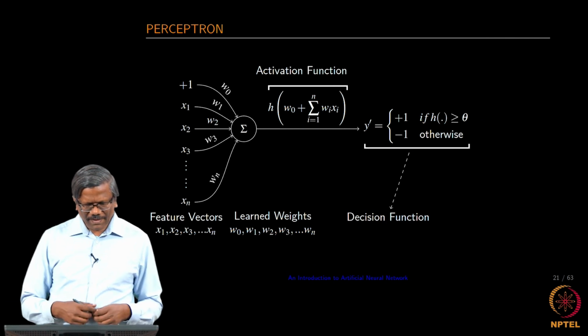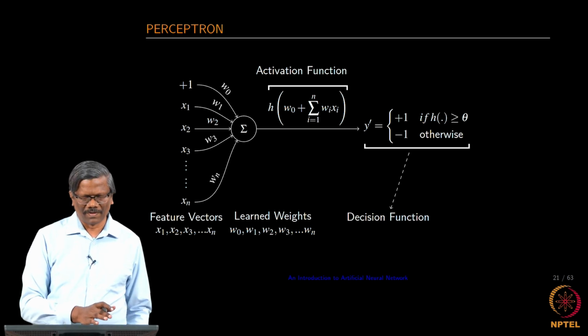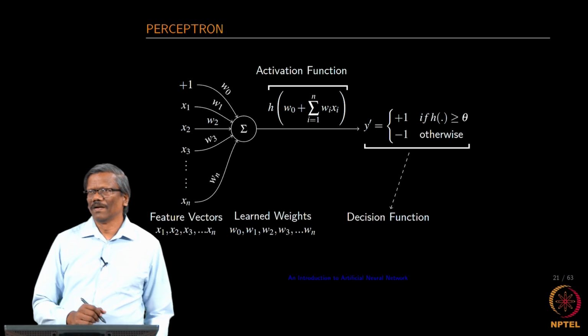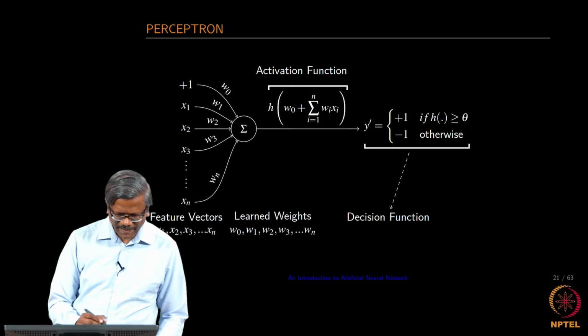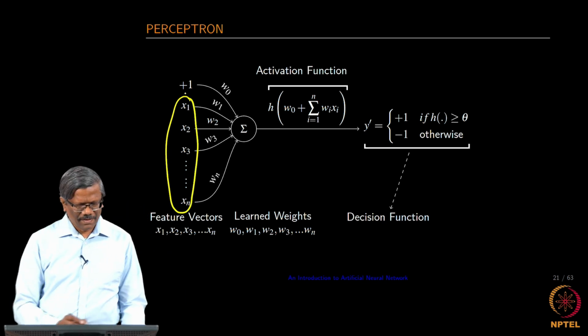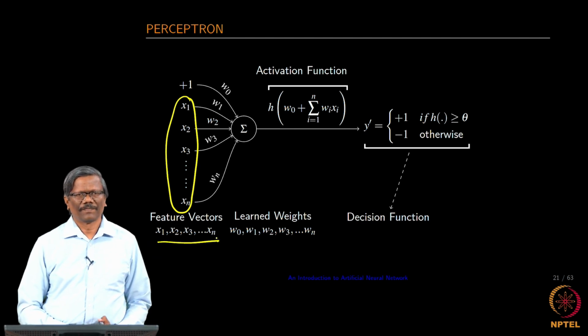So, I am going to give you a very high level overview of what a perceptron is and what we can do with this simple architecture. In this case we have a set of inputs, or feature vectors, x1 to xn.